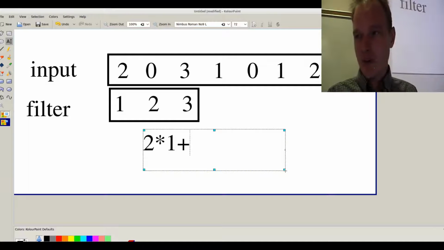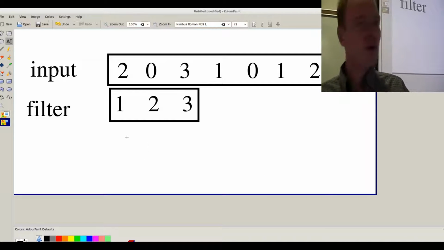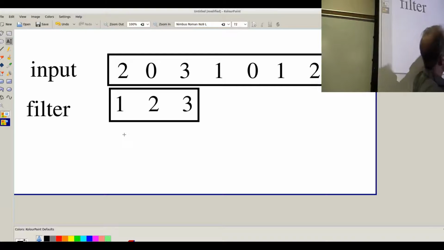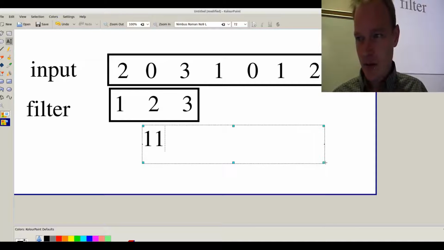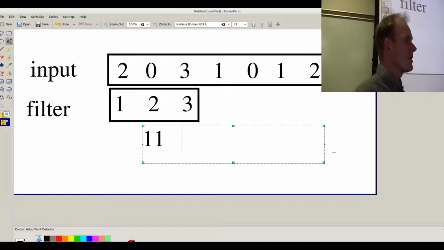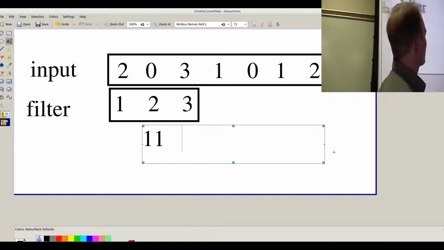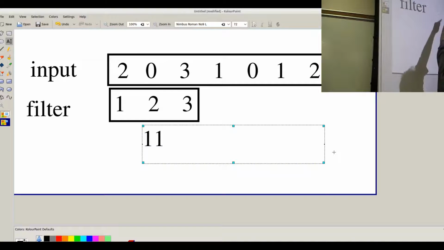I claim that the dot product of the overlapping portions of these two vectors is 11. Anybody think otherwise? If you do, you're wrong, unless I am mistaken. Because 2 times 1 plus 0 times 2 plus 3 times 3. See, I'm just multiplying the overlapping portions and then adding them together. 2 plus 9, that's 11.